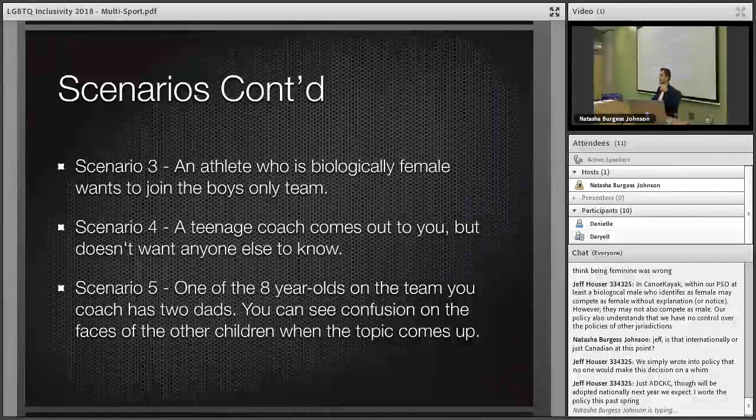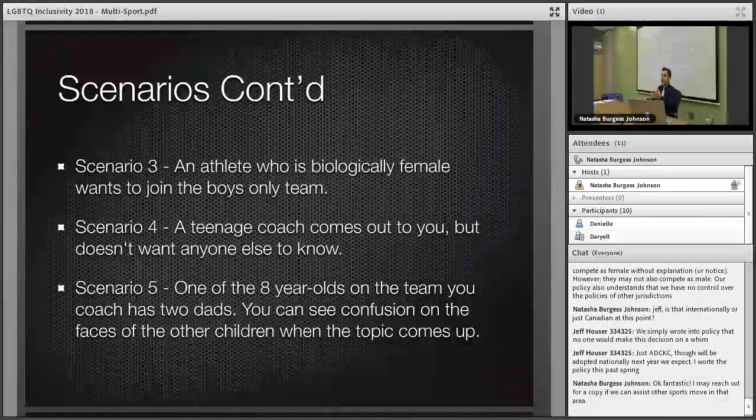They will probably have dealt with many, many more children than we have athletes, so they probably have some of these scenarios that we've never dealt with. So that can be a really good resource as well.